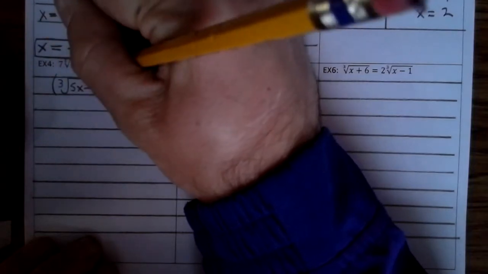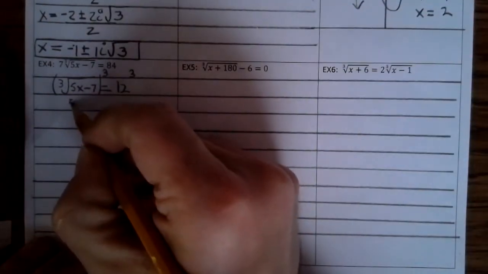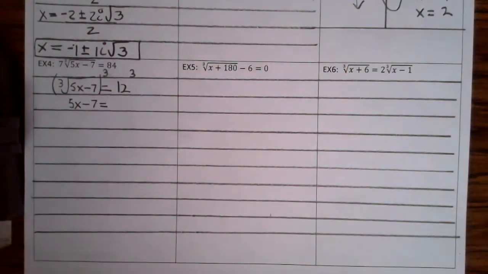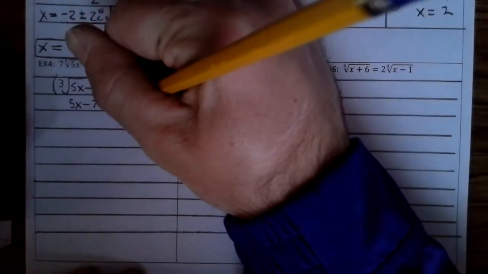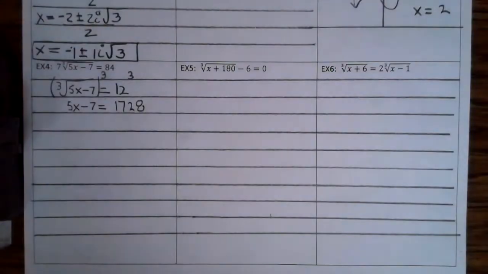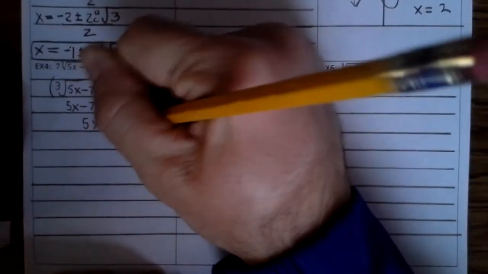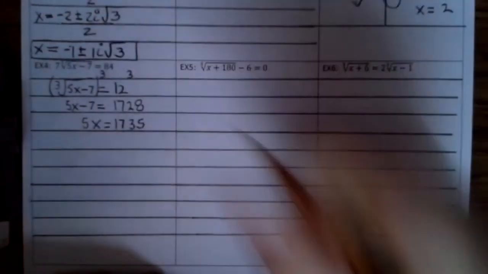You're left with 5x minus 7 equals 12 cubed, which is 1,728. We add 7 to both sides, so 5x equals 1,735. Divide both sides by 5, x equals 347.